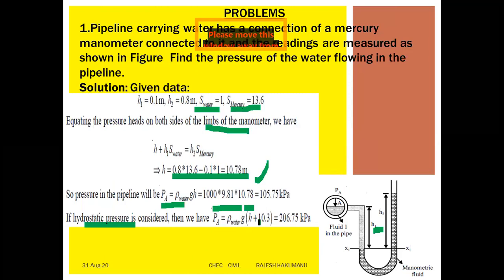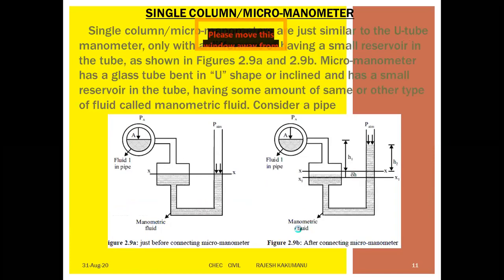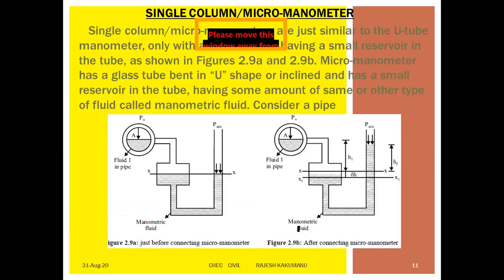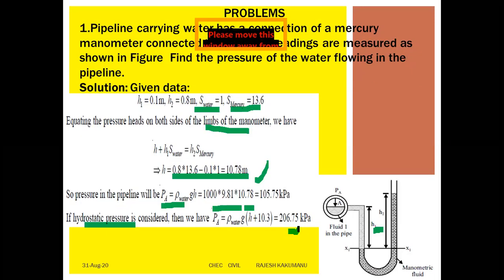Now what is the answer here? h we know is 10.78, plus 10.3, totally 206.75 kilopascal. There is a hydrostatic pressure to be obtained. Understood here? Okay, so like this we will solve the problem by taking the simple manometric readings.